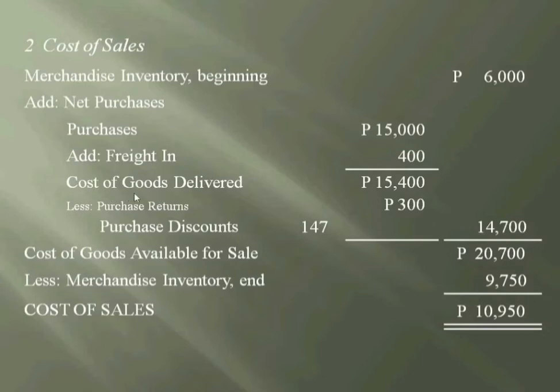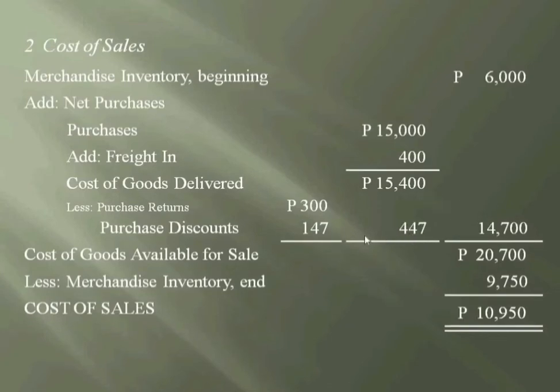And because there are 2 items now which decreased the cost of goods delivered, the amount of each of these 2 items, purchase returns and purchase discounts, must be written not under this cost of goods delivered on the second money column, but on the first money column. Only the sum of these 2 items is extended to the second money column.